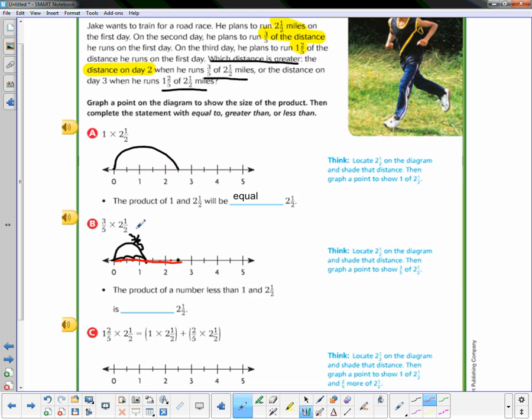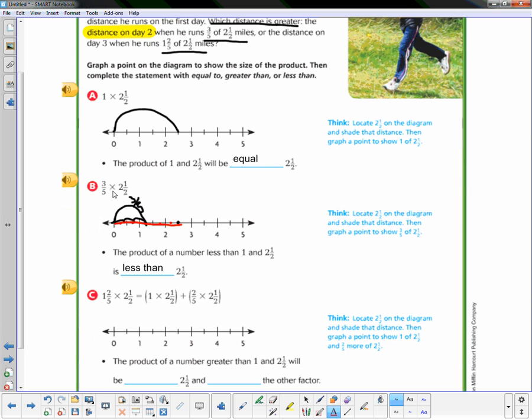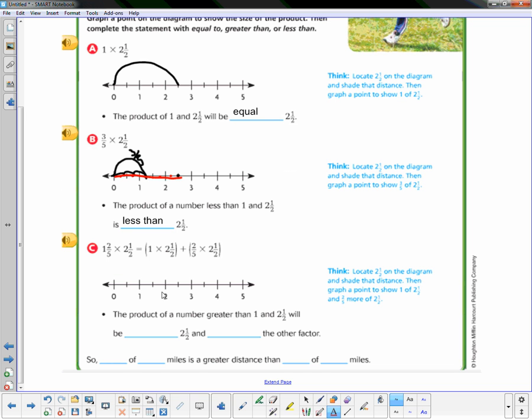There we go. So you can tell here that 2 1/2, when we times it by a smaller fraction, our product was less than. We get a smaller number. When we multiply it by 1, we get the same number. When we multiply it by a fraction, we get a smaller number.